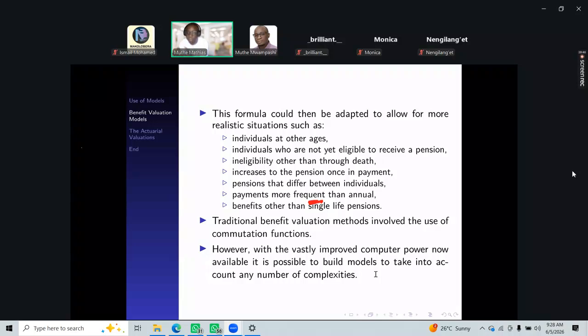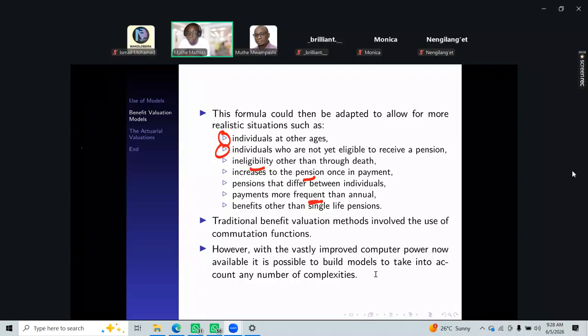So here we are giving an example that we can include individuals at other ages, individuals who are not yet eligible to receive pension, eligible other than through death, increase in pension. You can start from the base, and then do some extensions depending on what you want to achieve and what you consider to be robust assumptions.